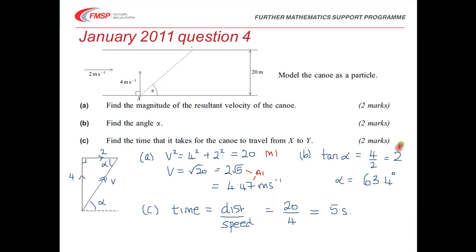And again, a method mark for using trigonometry, and the easiest thing there was to use tan, but you could have used sines and cosines because we had the hypotenuse, and an accuracy mark for the angle. And then time is distance over speed is a method mark, and then an accuracy mark for 5 seconds. So 6 marks in total.